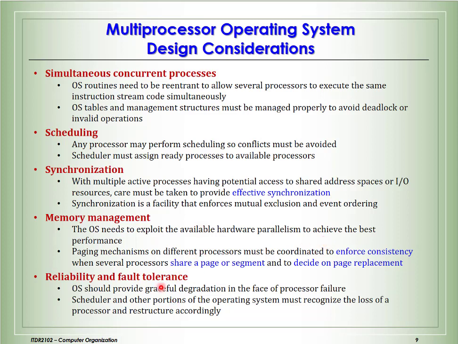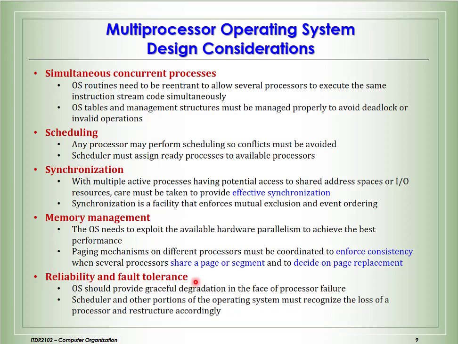Then reliability and fault tolerance. We need to consider reliability and fault tolerance. What is fault tolerance basically? Fault tolerance is the capability of a system to work smoothly even if some problem happens. Without switching off or stopping, the system should keep working by itself.